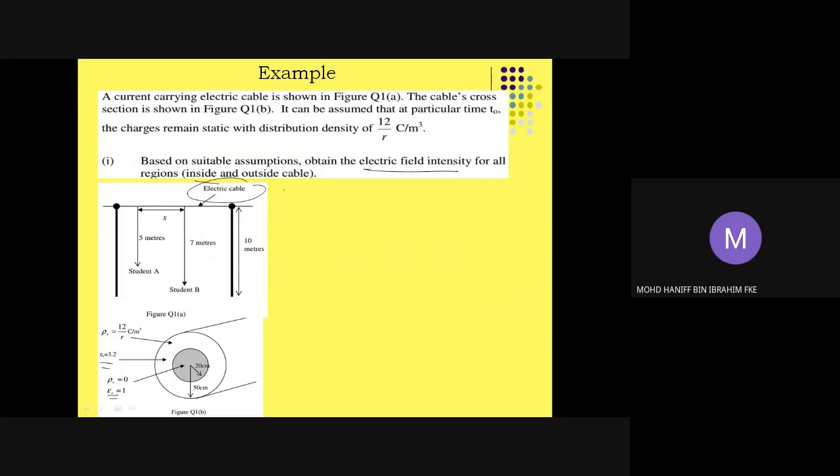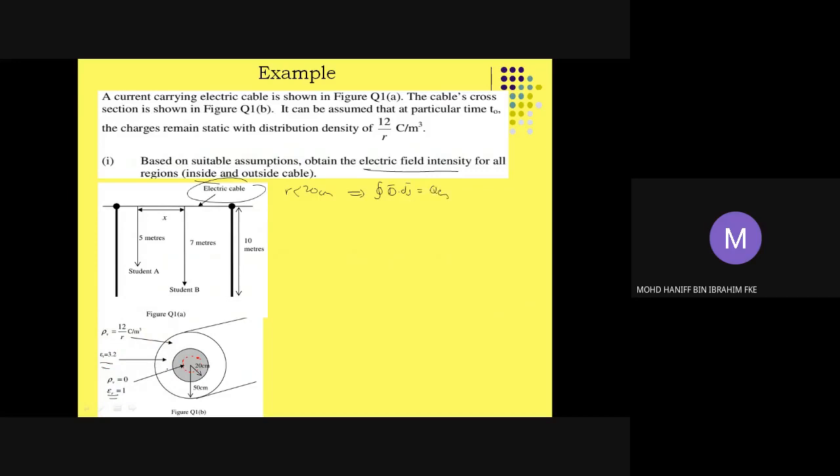The first region is R less than 20 cm, my apologies, not R less than 0. R less than 20 centimeters is the region in gray color here, in which rho v is 0. Based on Gauss's law, if I sketch the Gaussian surface for this region, D dot dS equals Q enclosed.